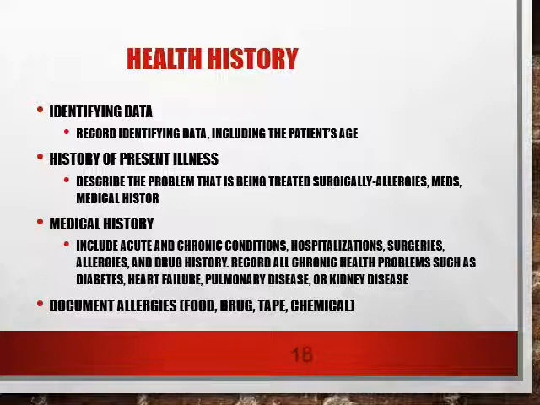So include acute and chronic conditions, hospitalizations. What have they been hospitalized for in the past? Is it related to this hospitalization? What surgeries have they had? And did they have problems during those surgeries? We always want to be on the lookout for potential problems.